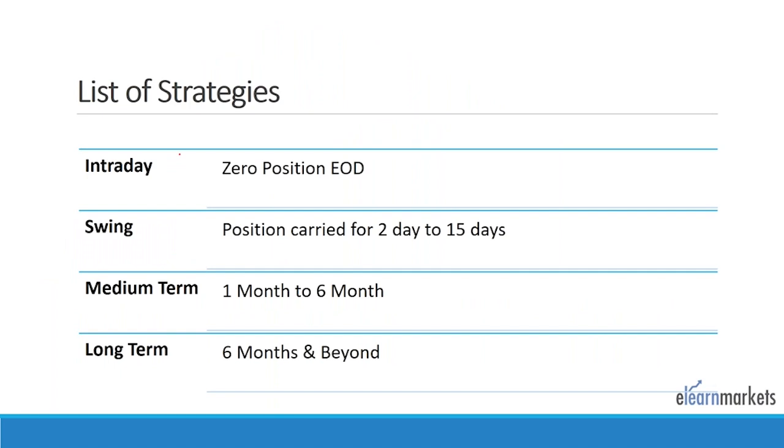Second is swing trading, where your position is carried between 2 days to 15 days. Third is medium term trading, where your position carries from 1 month to almost 6 months, which is almost covering 2 quarters of the company's result performance. And long term is essentially 6 months and beyond. What are the parameters of entry and exit of these strategies? This we will see in the next couple of slides.